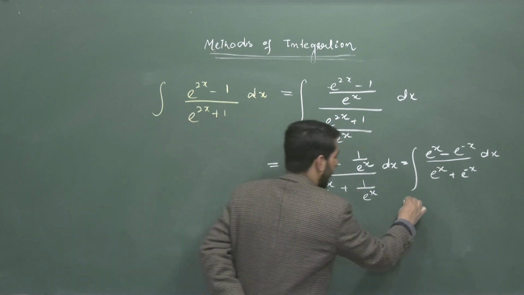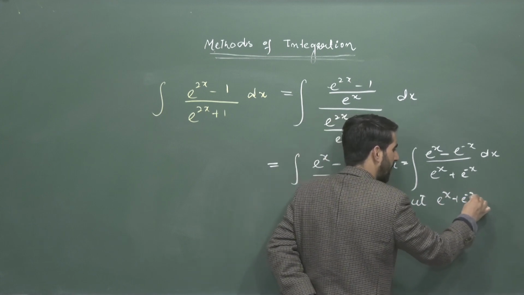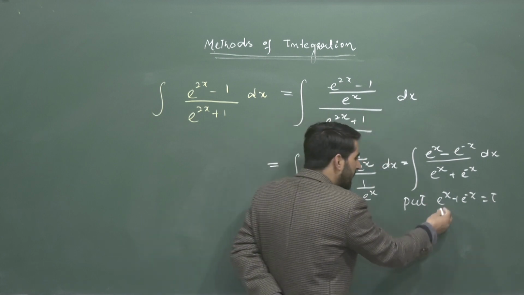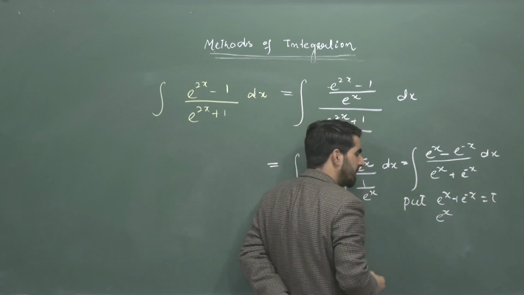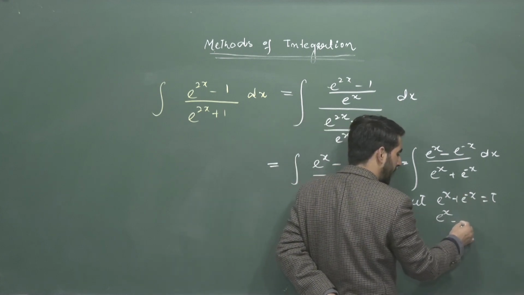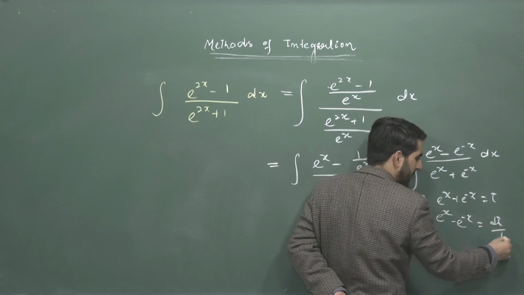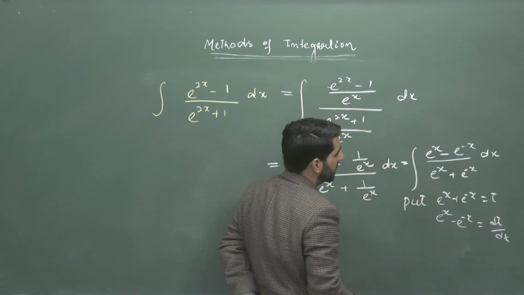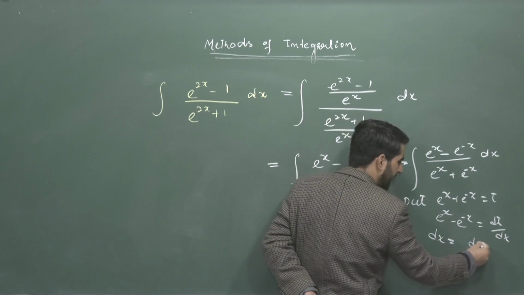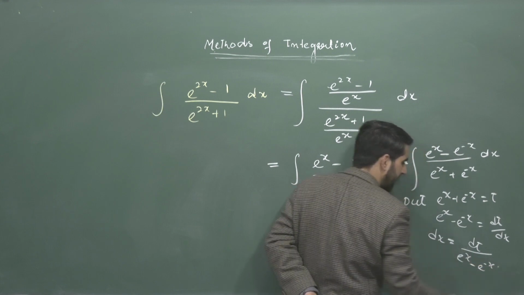So we will put here e^x + e^{-x} is equal to t. The differentiation of e^x is e^x, and the differentiation of e^{-x} is minus e^{-x}, that is dt divided by dx. The value of dx is equal to dt divided by (e^x - e^{-x}).